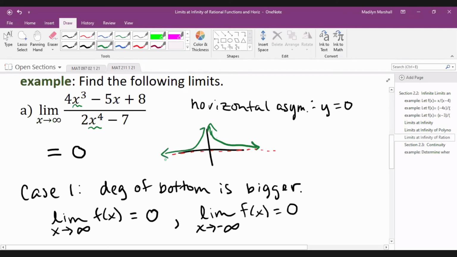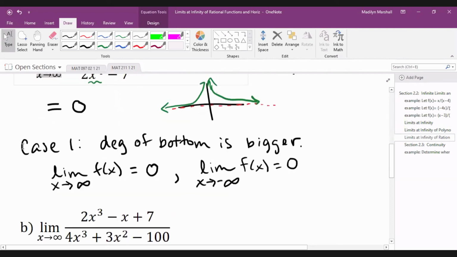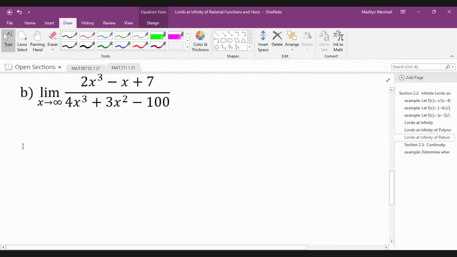I got you. So the horizontal asymptote and vertical asymptote are totally unrelated. Horizontal asymptotes, all we care about is those ends. So knowing that really what we're looking at when we look at limits as x goes to infinity is horizontal asymptotes, let's look at this next example.